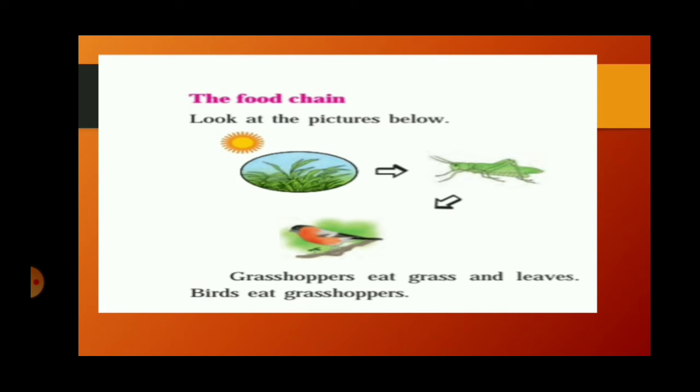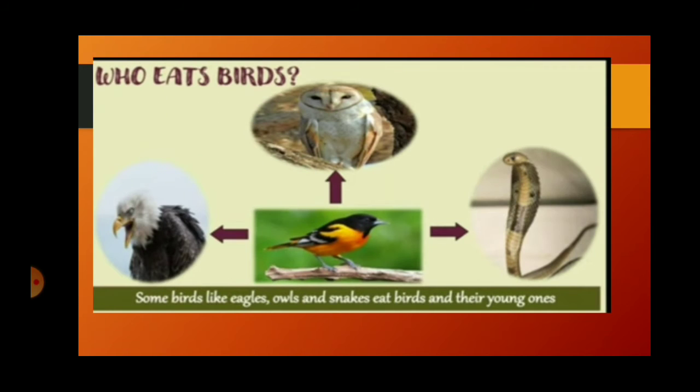In short, living things depend upon each other for food and feeding. The interdependence among themselves for food is called a food chain. Some birds like eagles, owls, and snakes eat birds and their young ones.